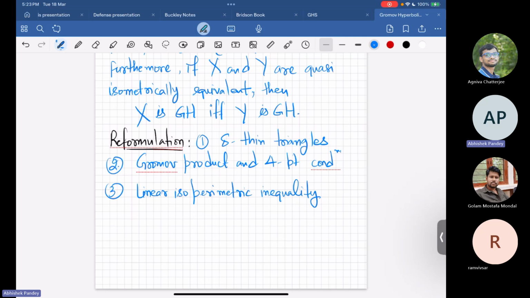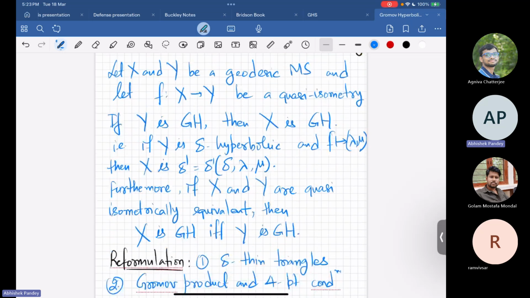For a geodesic metric space, all of these are equivalent. One can go through the Bridson book and it is there. So these are some reformulations of Gromov hyperbolicity.